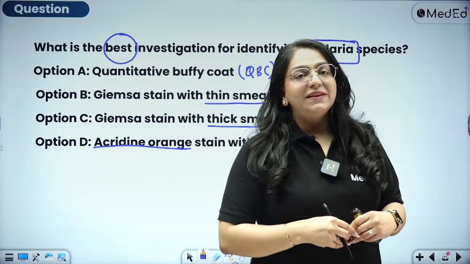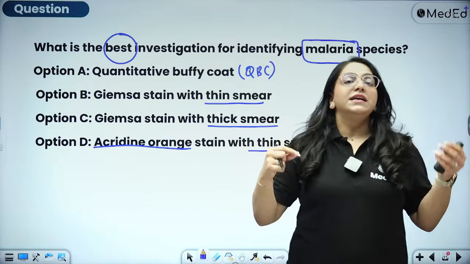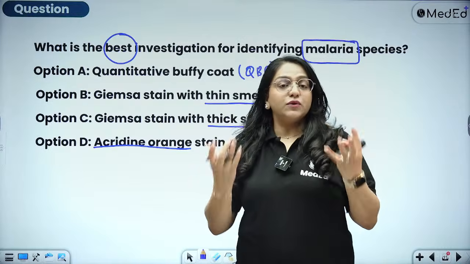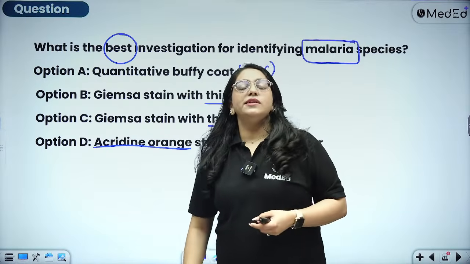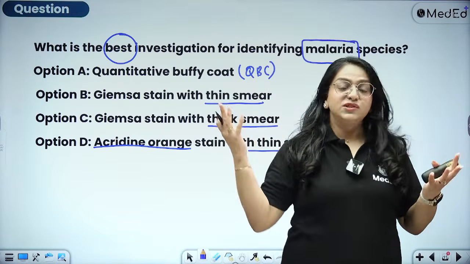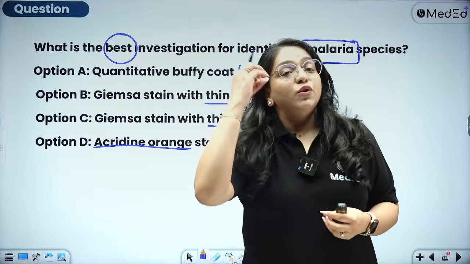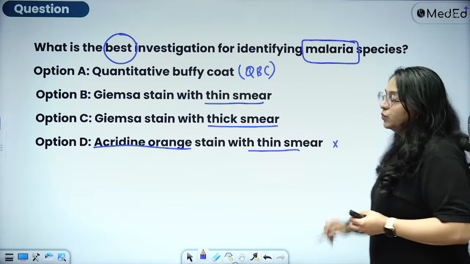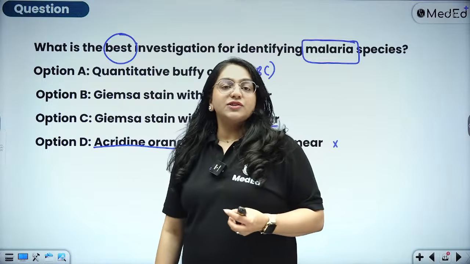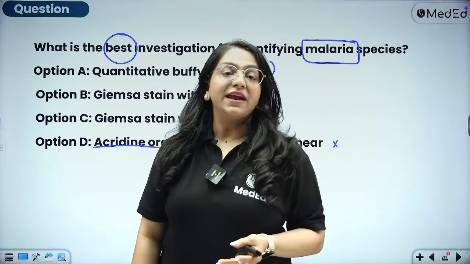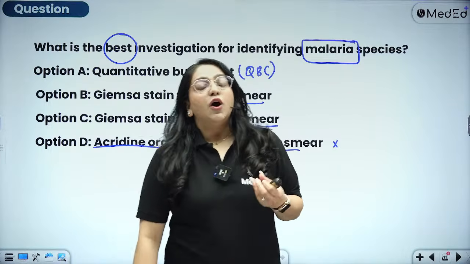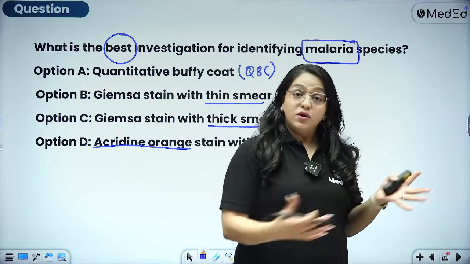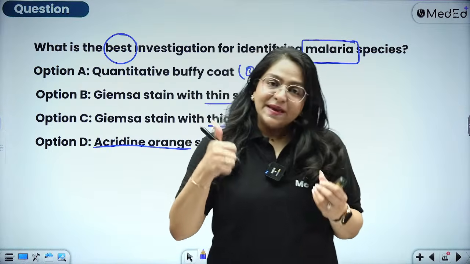Now you will believe that since thin smear gives you a better quality picture, and acridine orange itself will produce fluorescence, so it is very difficult to miss. You will always believe that acridine orange should be the best investigation, but that is not true. Why? Because acridine orange is a very, very expensive method, and when you have to do surveillance or diagnosis of malaria, you get loads and loads of samples. Expensive is one thing.